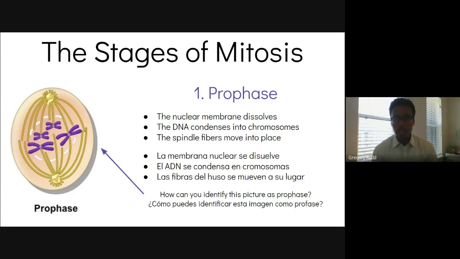And the spindle fibers, which here look like these yellow cords, move into place. We can see that they get attached to the chromosome. So how can you identify this picture as prophase? What in this picture tells you that it's prophase?